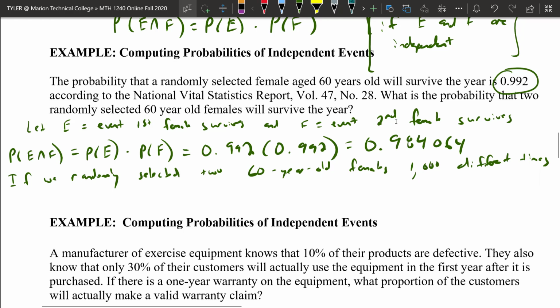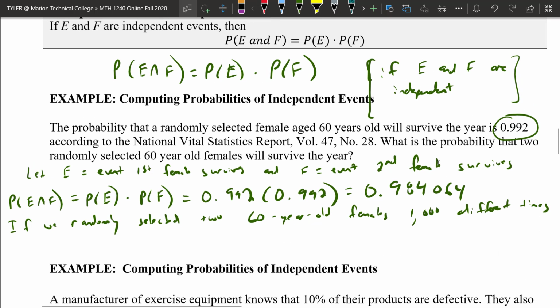The reason why I picked 1,000 there is that I just chose to use the first three decimals of this number, focusing on what's in that red box. So 0.984 is equal to 984 over 1,000, because that 4 is in the thousandth spot. So that's how we could turn that number into a fraction.